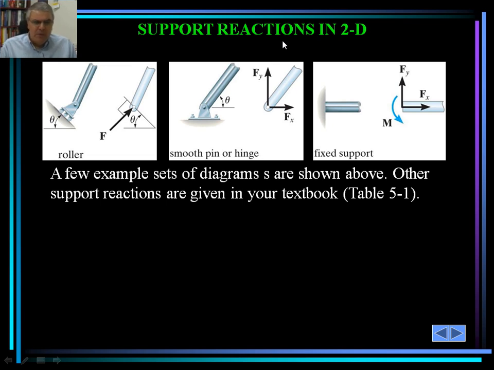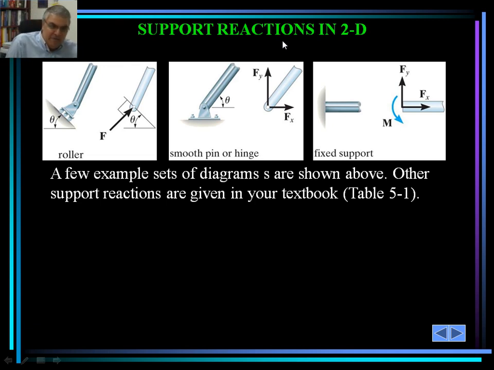So this is the real model of what we see out there in the real world, and it is pretty accurate for solving static problems. When we're dealing with more advanced topics, of course, we would consider all other aspects of a support, but that's beyond the scope of what we're dealing with in statics.